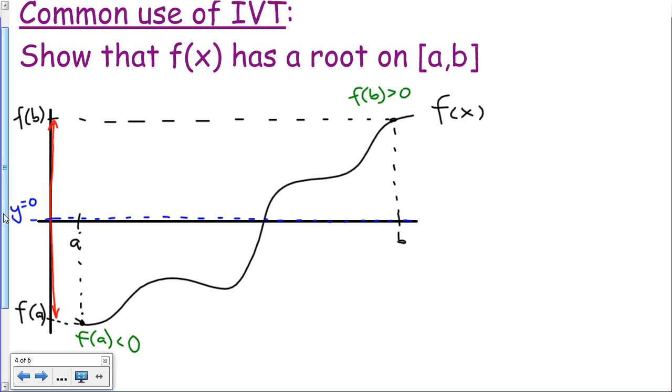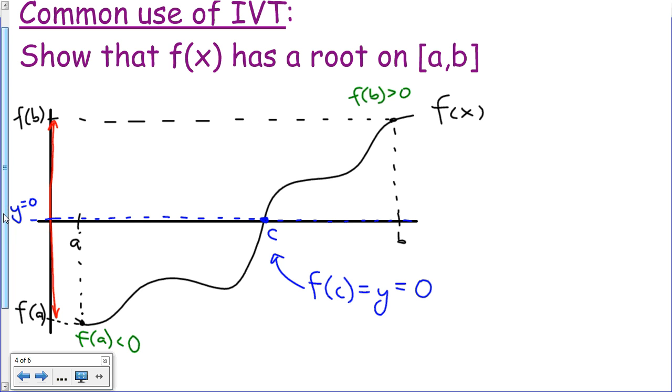And in fact, I can see the point now that the theorem will guarantee. I've got a continuous function and a y value between f of a and f of b. So the conclusion of the theorem says I'm guaranteed there's some point c, which turns out to be right here, such that f of c is equal to y, which we said was going to be 0.